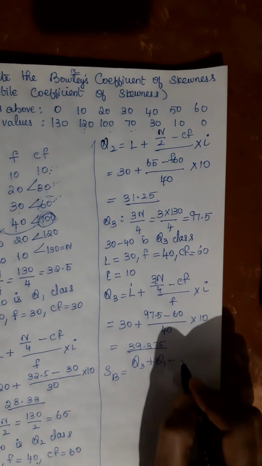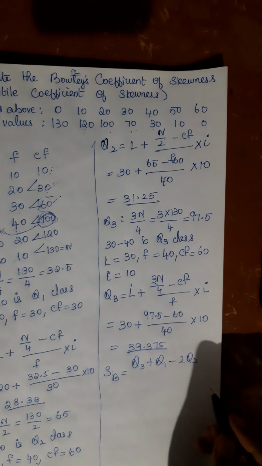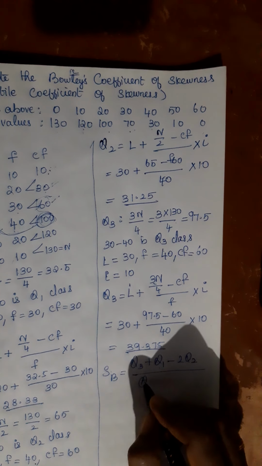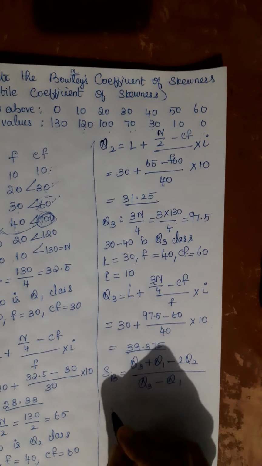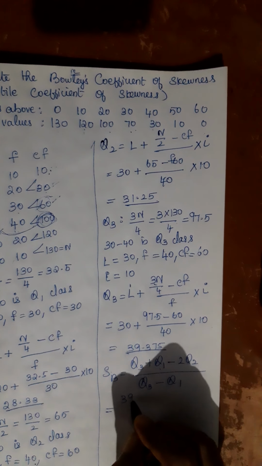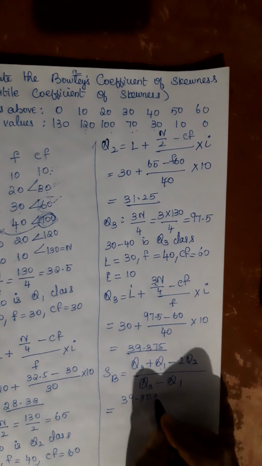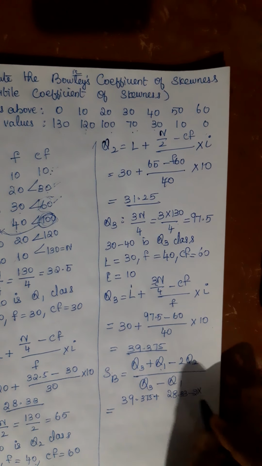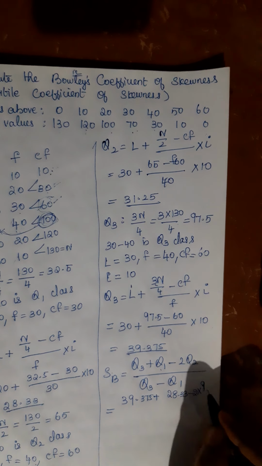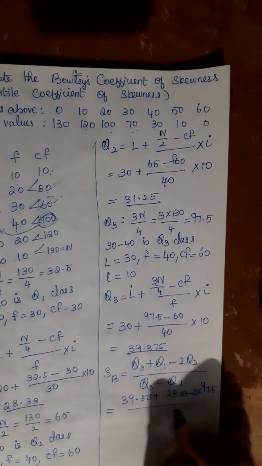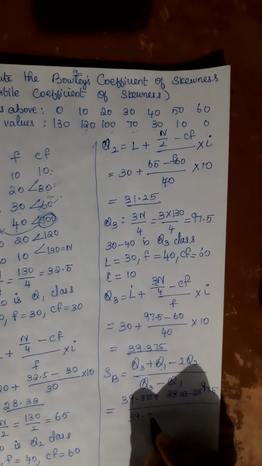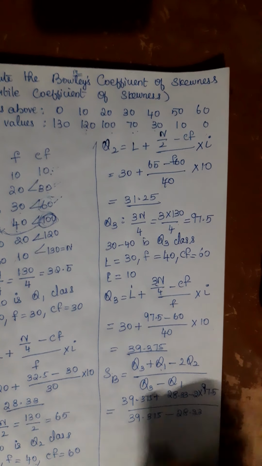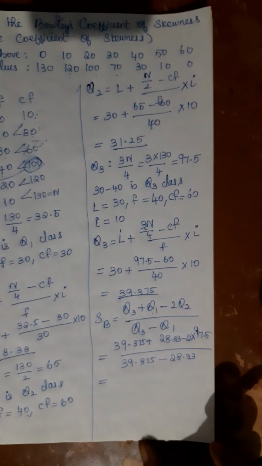The formula is Q3 plus Q1 minus 2Q2, divided by Q3 minus Q1. Q3 is 39.375, Q1 is 28.33, minus 2 into Q2 which is 31.25, divided by Q3 39.375 minus Q1 28.33.